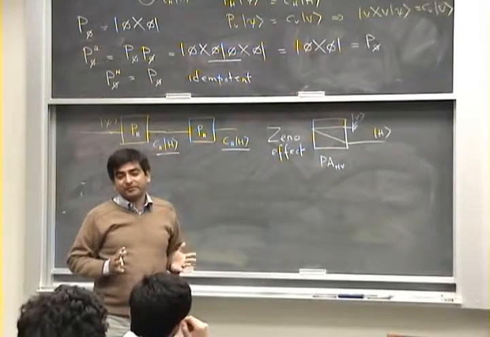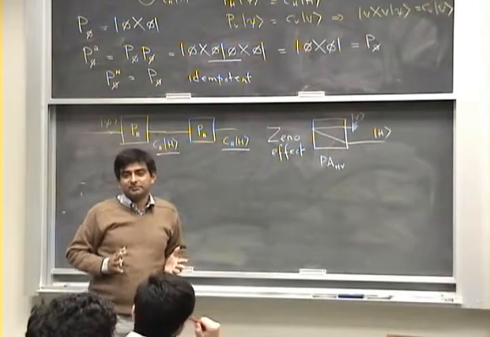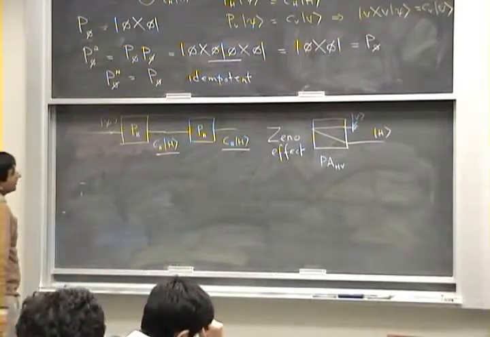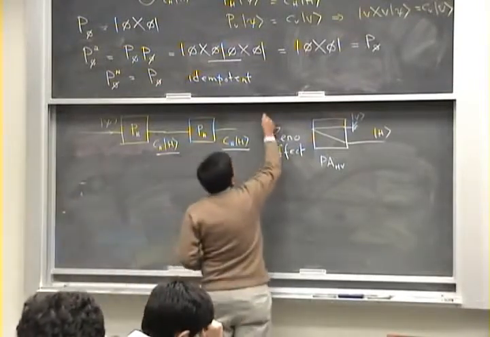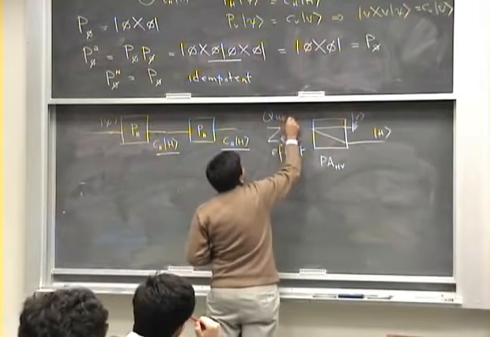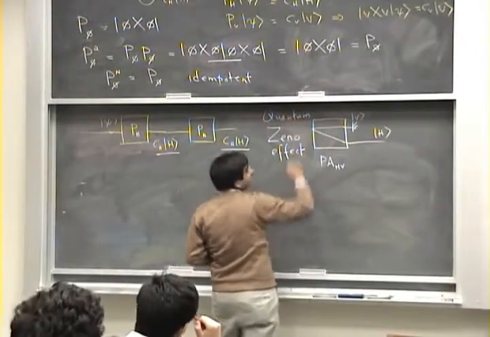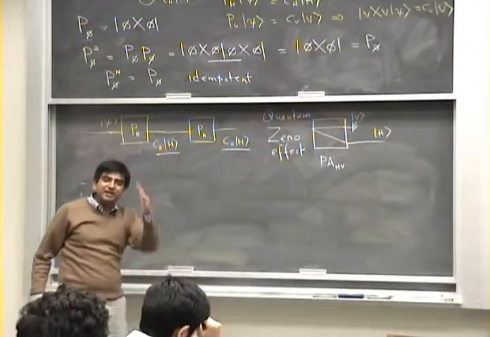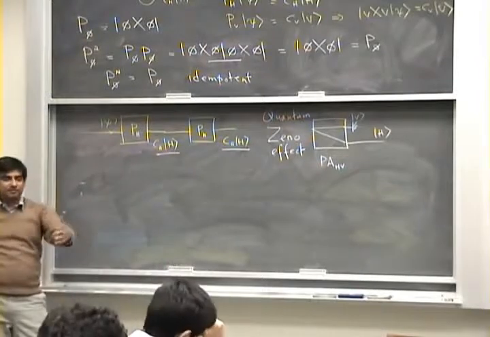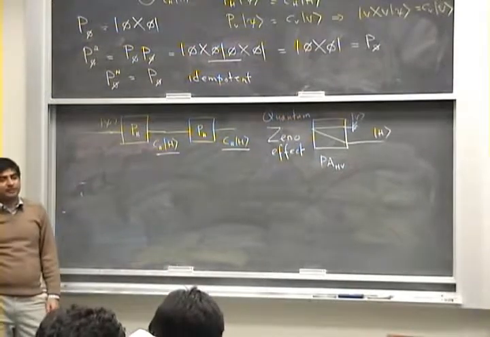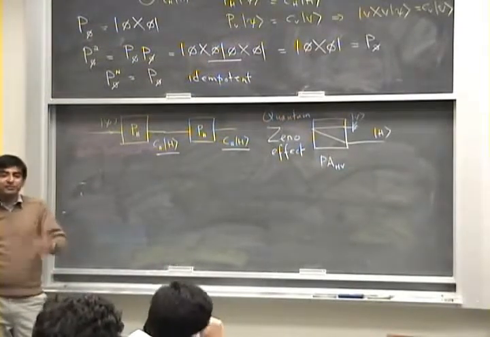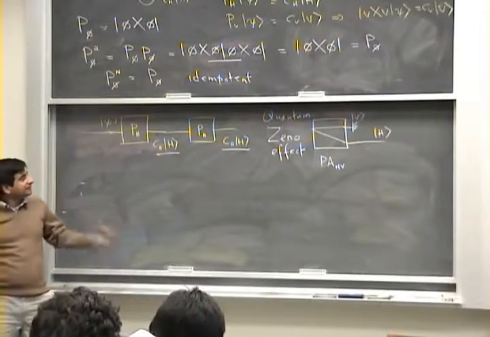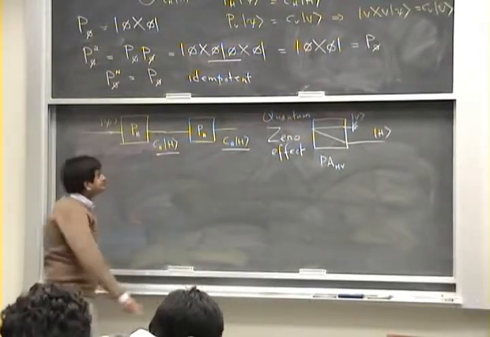Its state will be preserved. Okay, so this is called the quantum Zeno effect. Continuous measurement keeps the state unchanged because you're continuously projecting it onto the horizontal axis. You're continuously creating the new state, which is CH ket H.